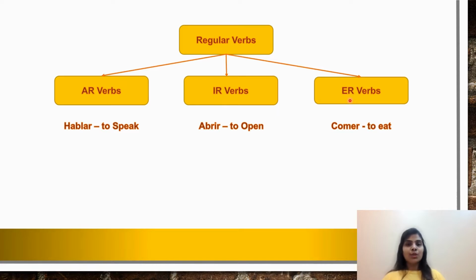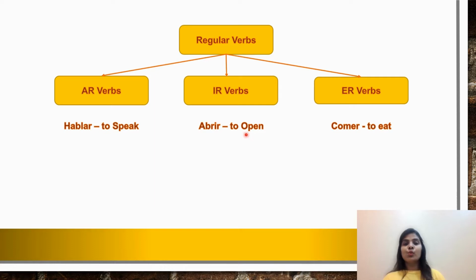So what do we mean by AR, IR, ER verbs? To understand the concept, AR, IR and ER are the endings of the verb. Like hablar. This AR is the ending of this particular verb. Hablar means to speak.